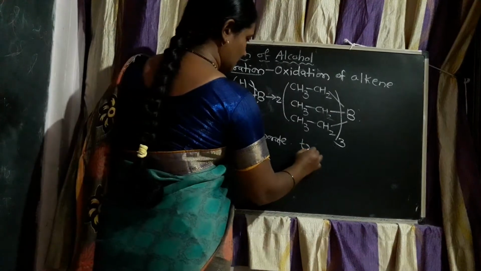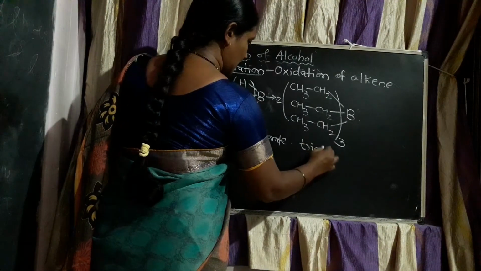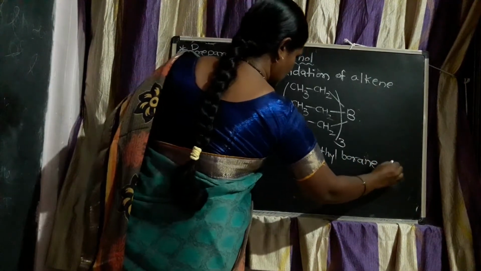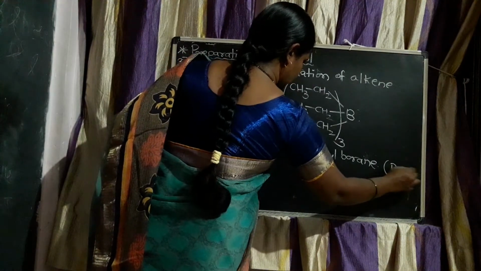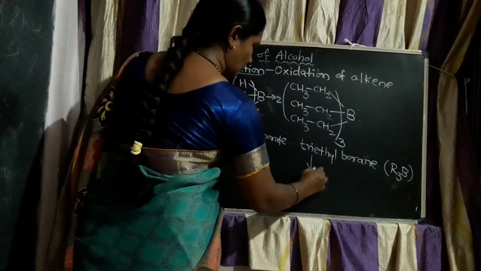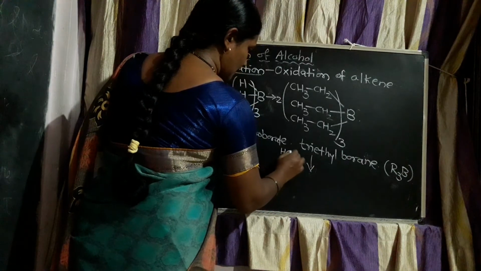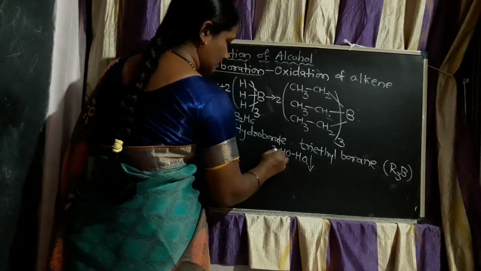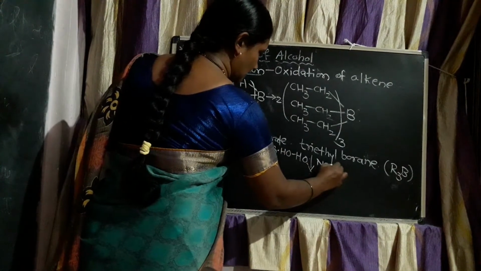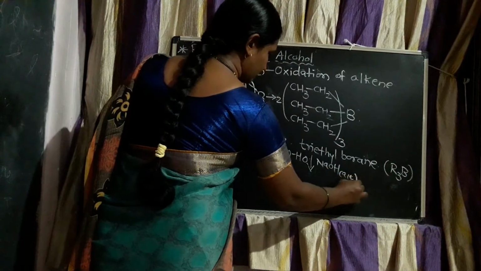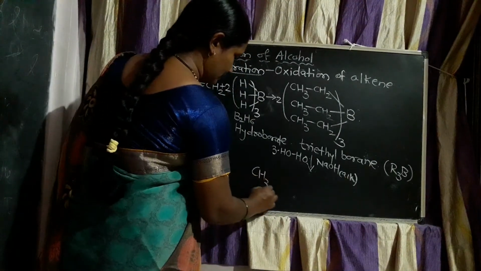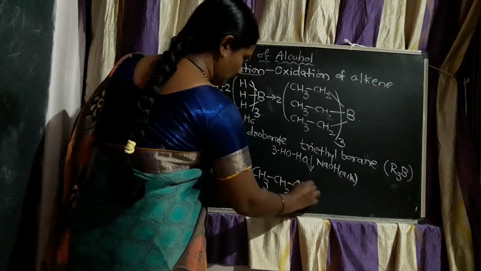This is the triethyl boron, R3B. Triethyl boron, now which on oxidation with hydrogen peroxide with alkaline NaOH, then it forms the alcohol.